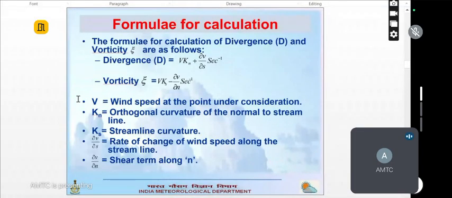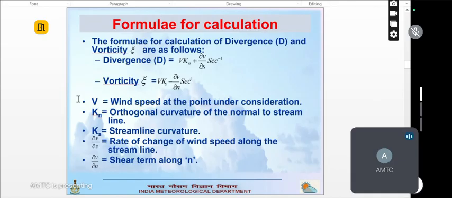In a high pressure area, it's clockwise. The bend is known as streamline curvature, and at the point of calculation, the values of wind speed to the left and to the right will give you the shear term. Change of wind speed and direction is the shear.